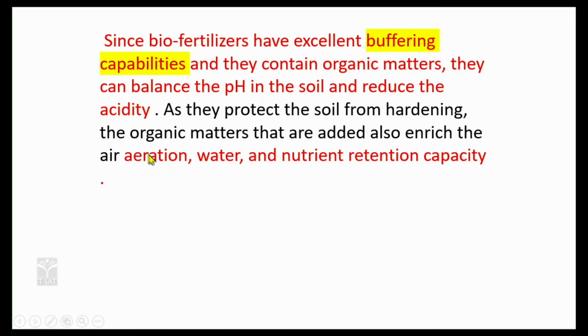Apart from this, the water holding capability when you are using biofertilizers and biopesticides will be more, and the irrigation required can be reduced. They help in better aeration. Aeration here means the availability of air in the soil. The spaces between the soil particles are filled with air, which is essential for root growth to supply oxygen.